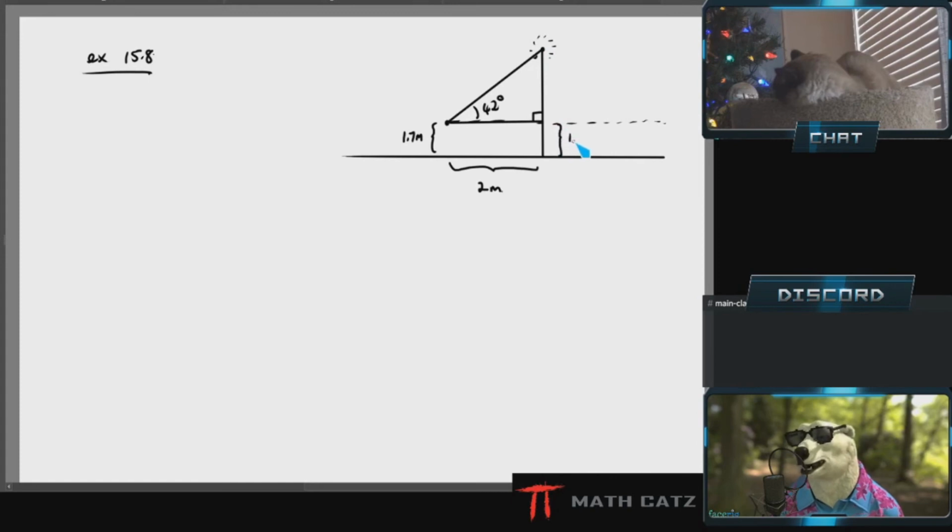I want to know the same thing, but I don't have to do it in one go. I can now define question mark in a box as just this distance that I don't know, raised up by 1.7 meters. So I have to redefine my question mark in a box.